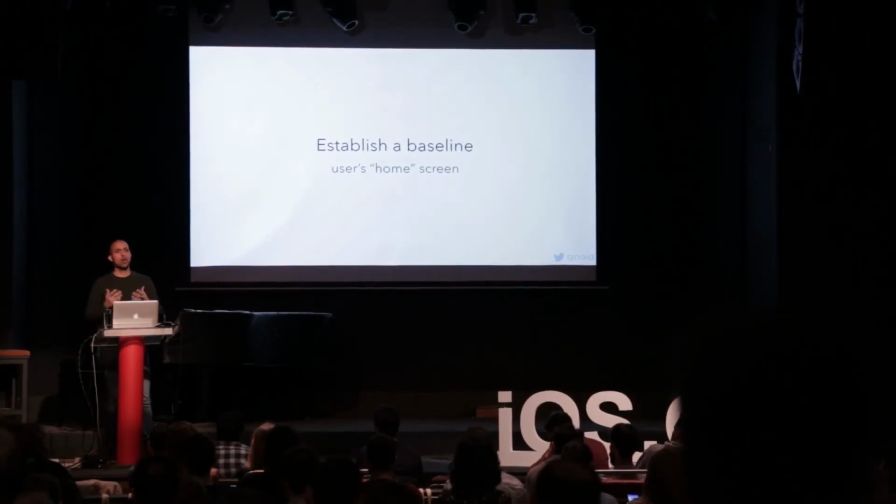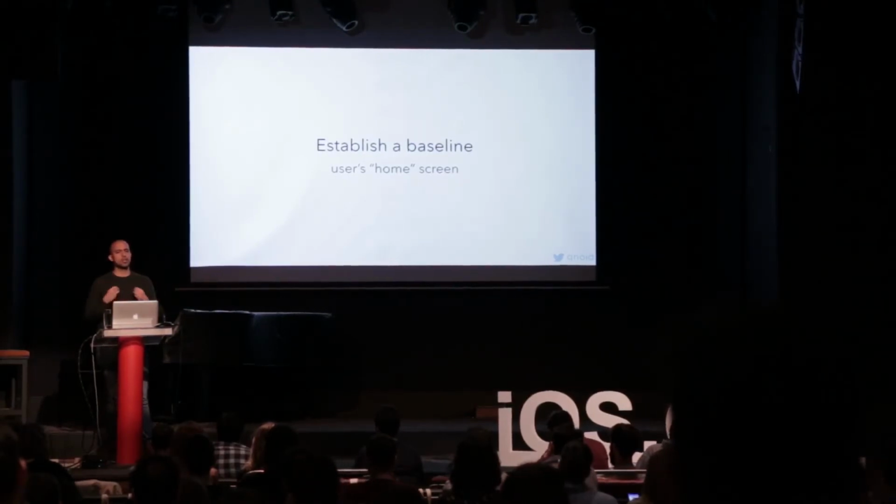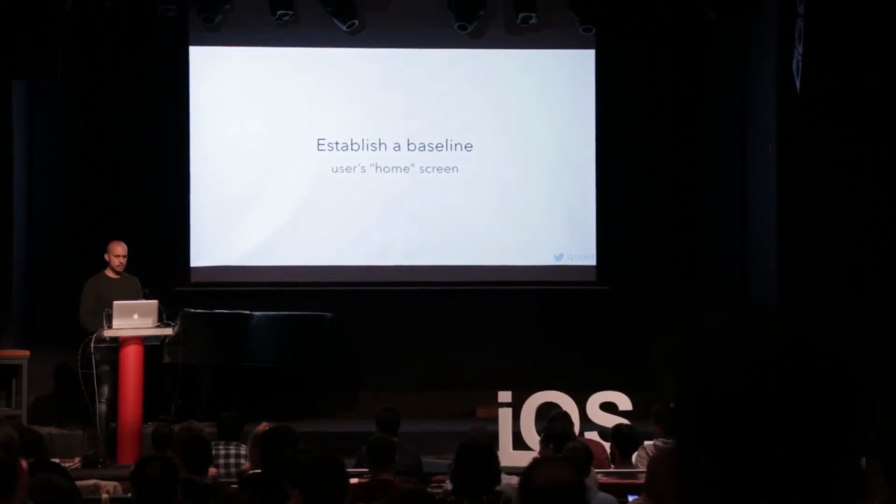And this is where all of the functionality of the user starts from, okay? This could be your baseline, because every time the user will use your app, will start from there. So you establish your baseline, and then you measure from that. It will become more clear later as I go more through these things.